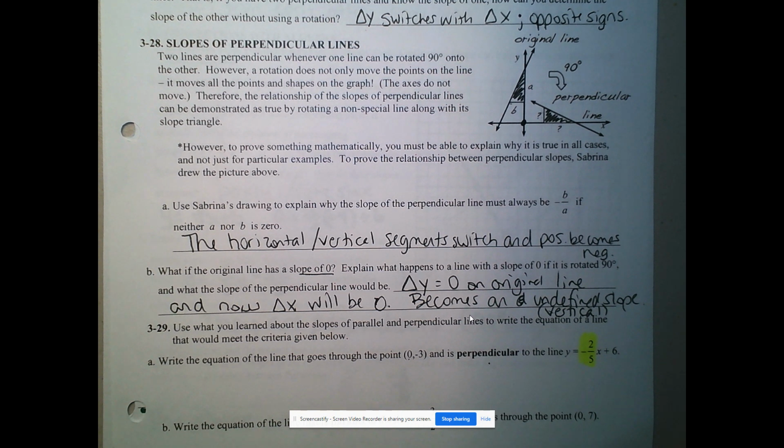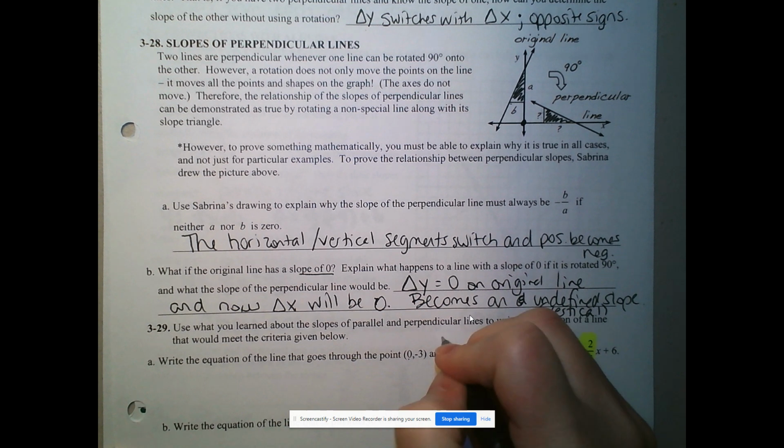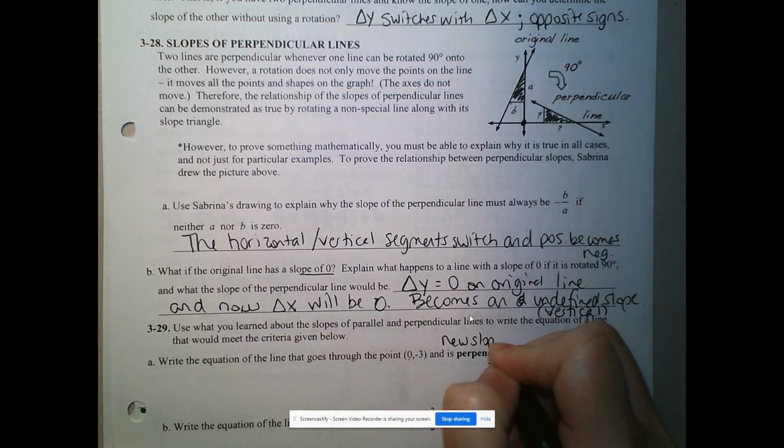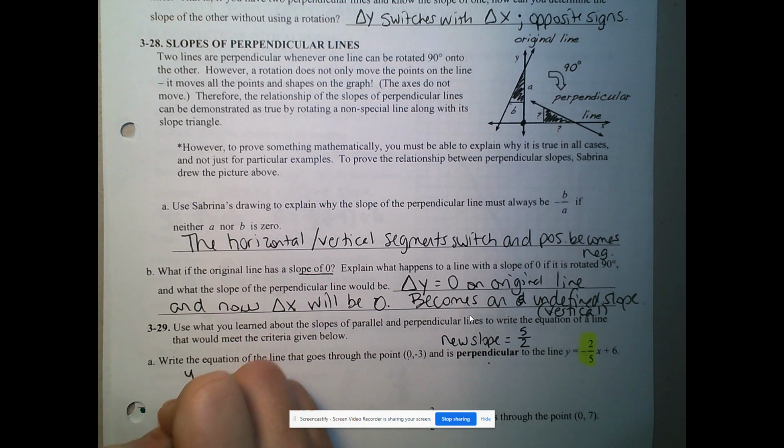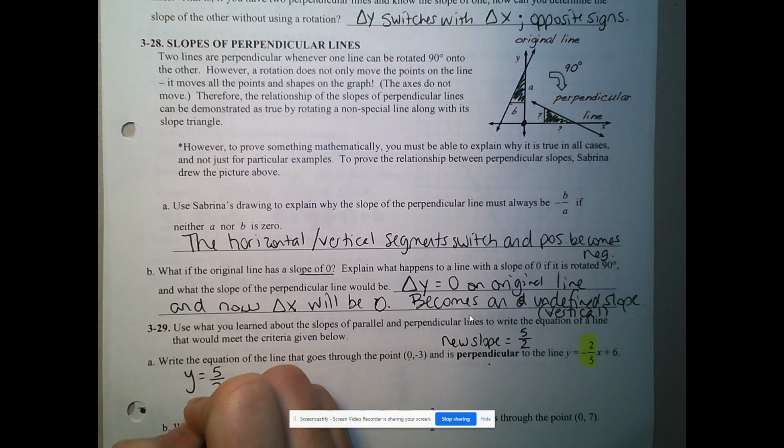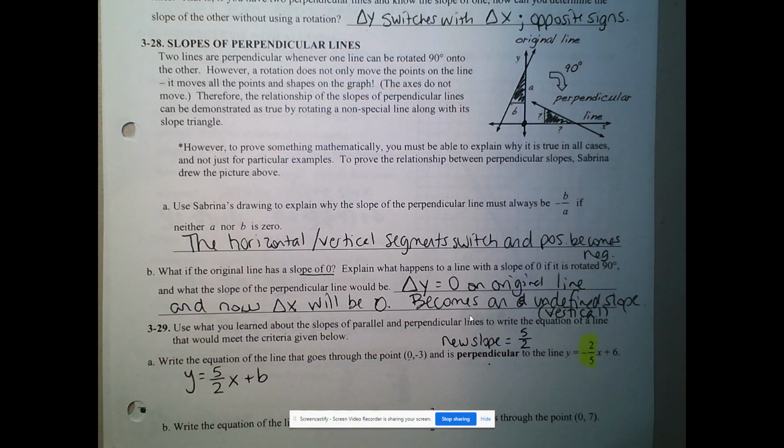So this is our original slope. The new slope has to be an opposite reciprocal to that. So it was negative, now it's positive, and reciprocal would be 5/2. So you're looking at something that's y equals 5/2 x plus b, and it's got to go through point (0, -3).